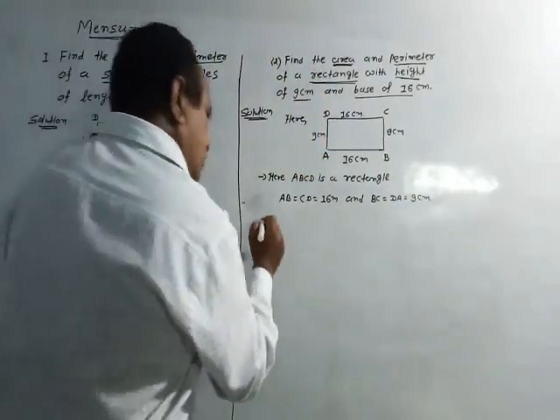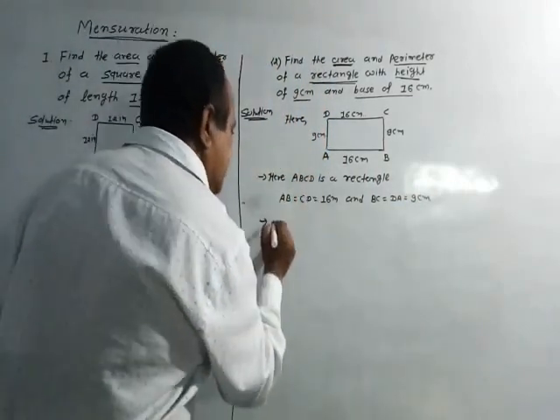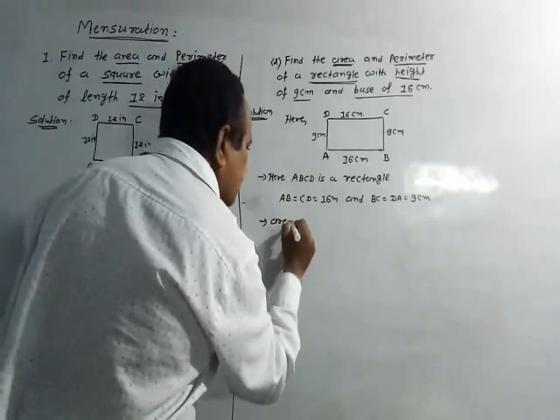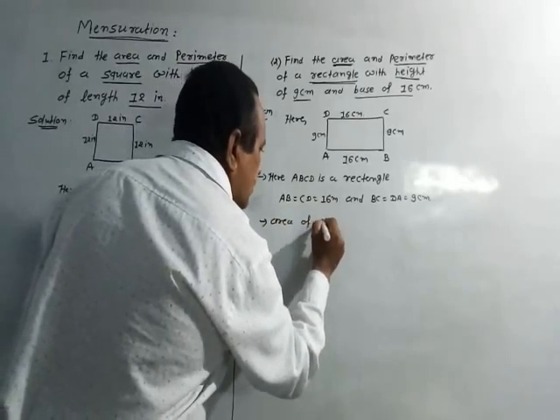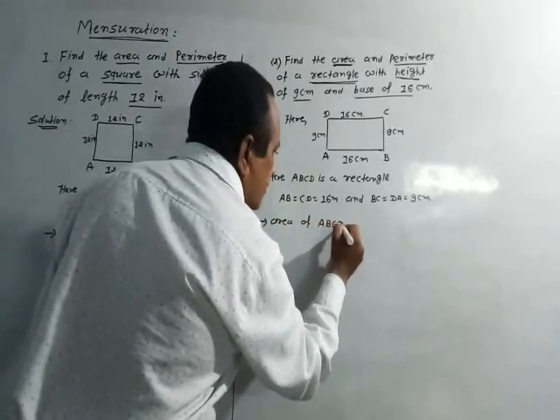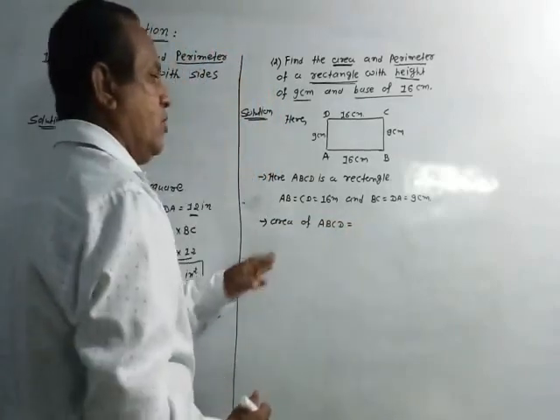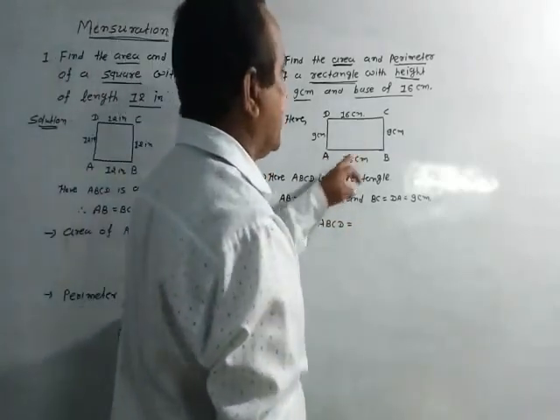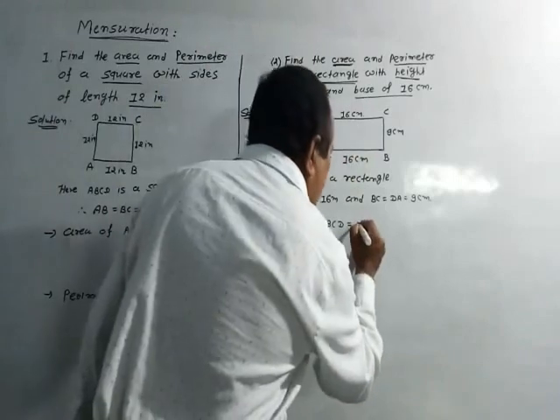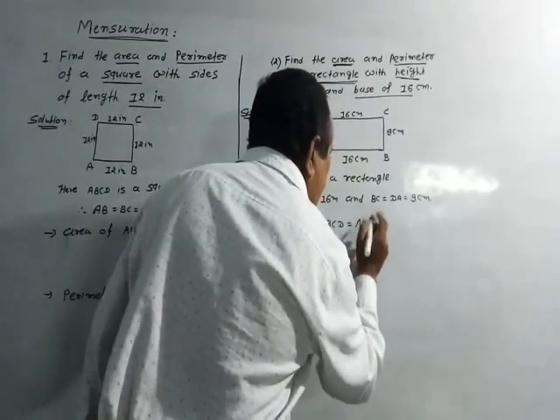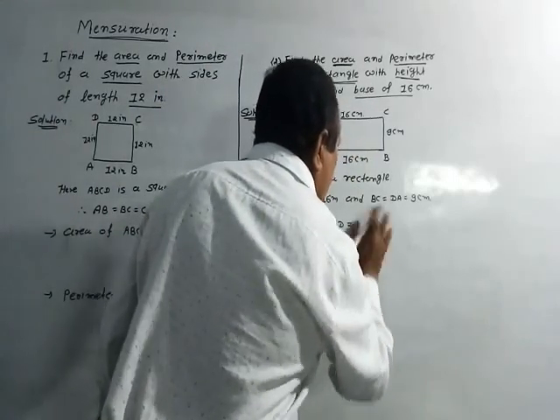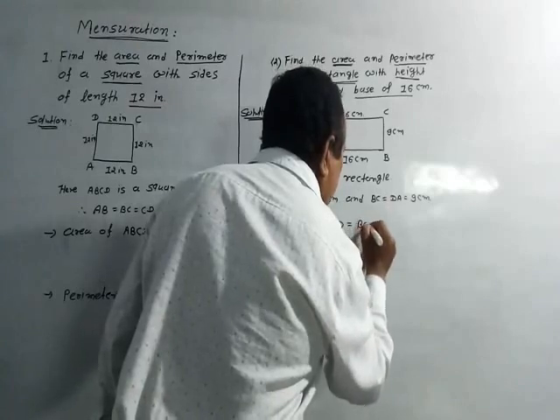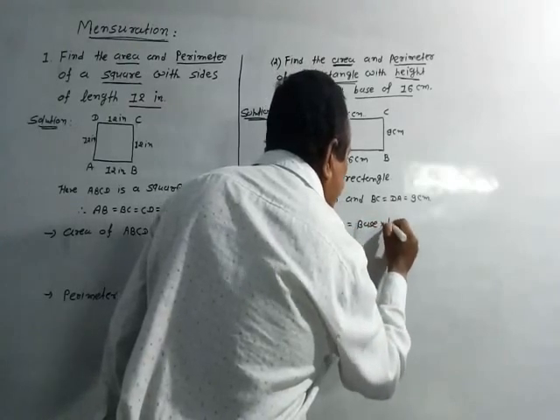Now area of ABCD. ABCD is a rectangle, so area is base multiplied by height.